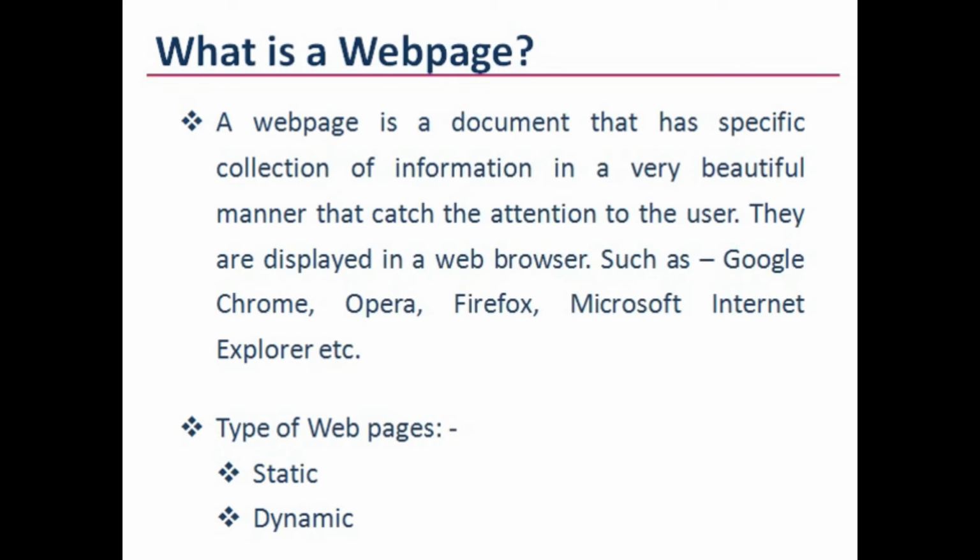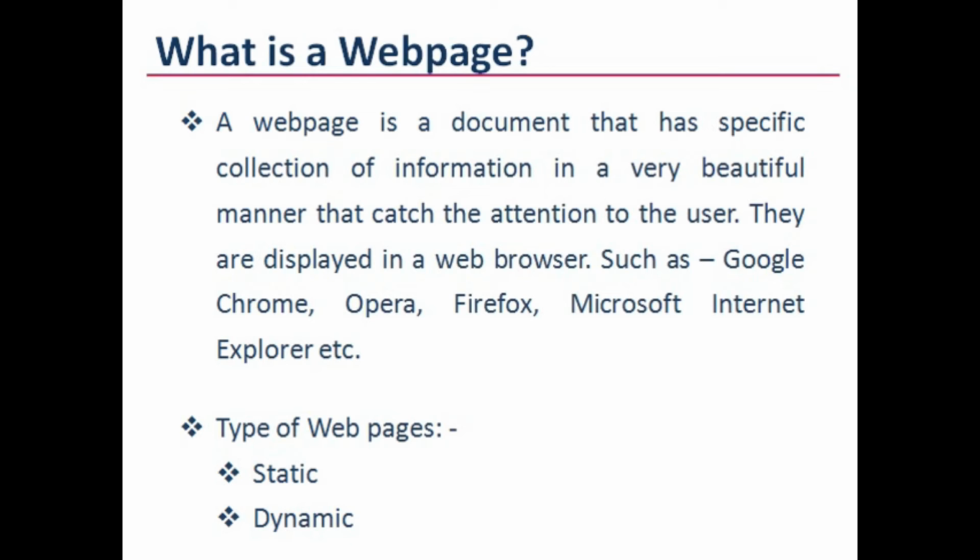Now we will discuss types of web pages. There are two types of web pages, static and dynamic. What is the difference between them? Static web pages are those which contain static information that is displayed to all users when they visit that page at any time.